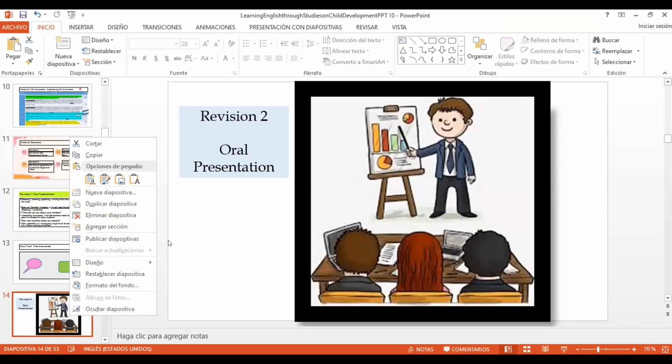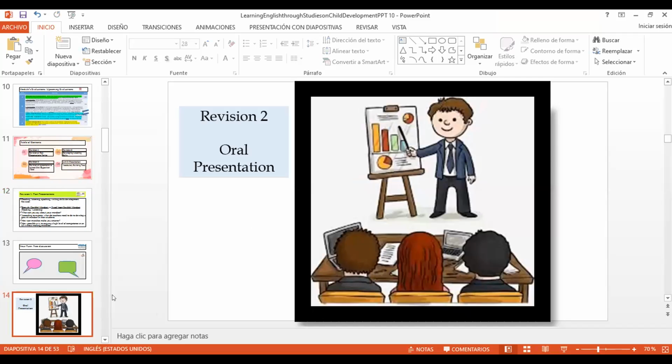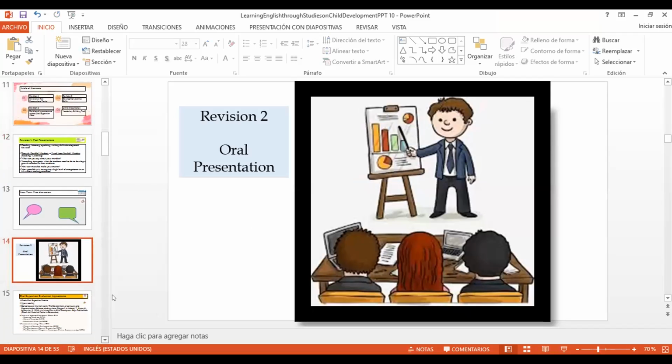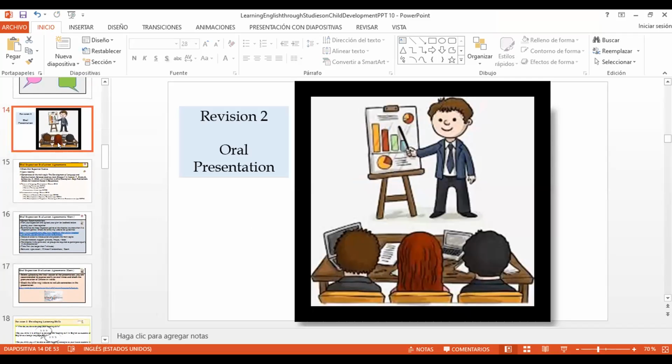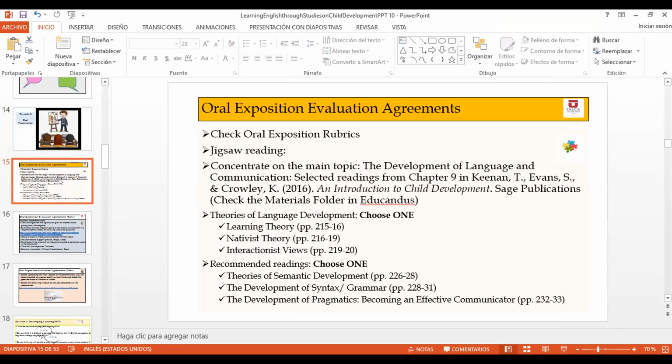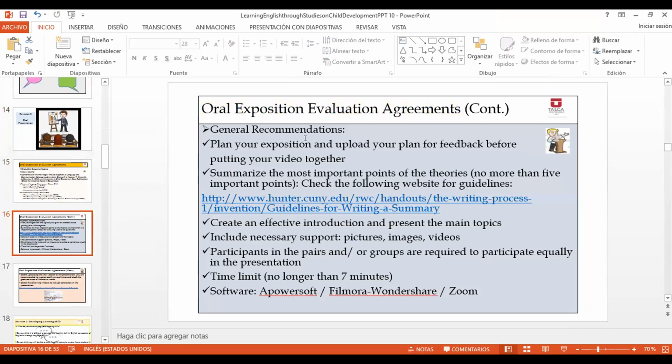The second revision has to do with your presentation, and we talked about this, but I wanted to make sure we all know we are all on the same page, in the sense that you're choosing the topics in pairs, and that more or less here we have some of the agreements, but please let me know if there is something else we need to consider.